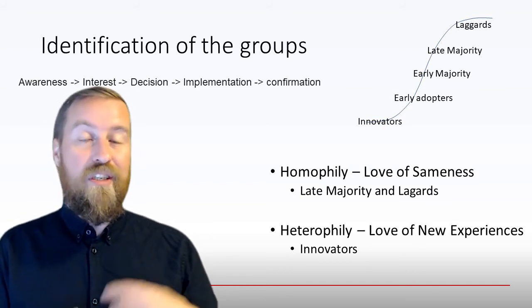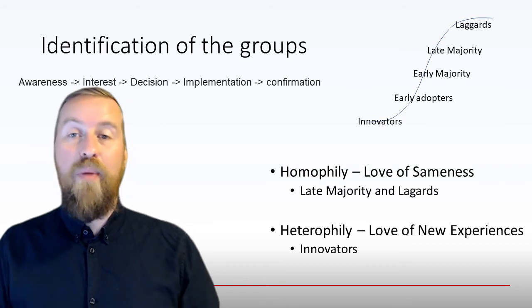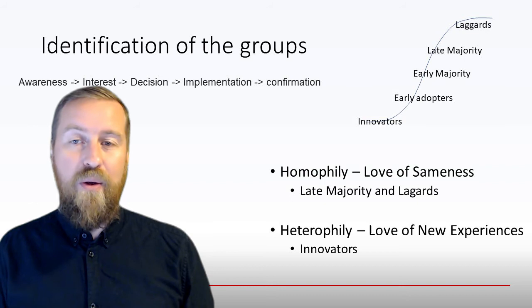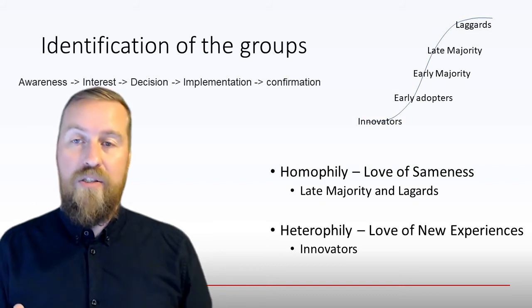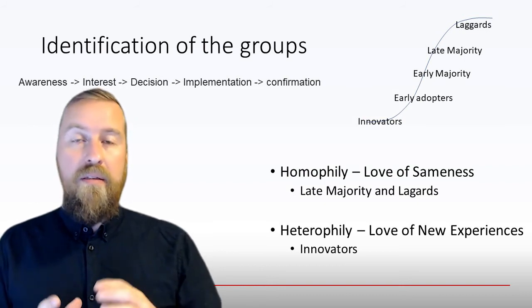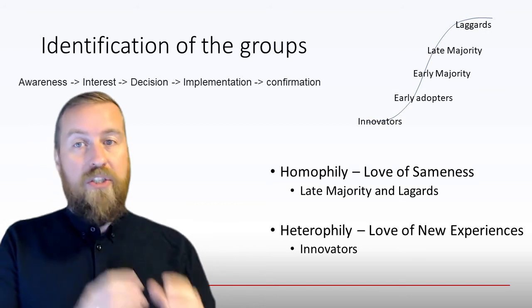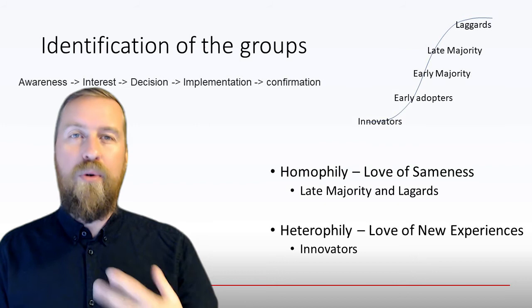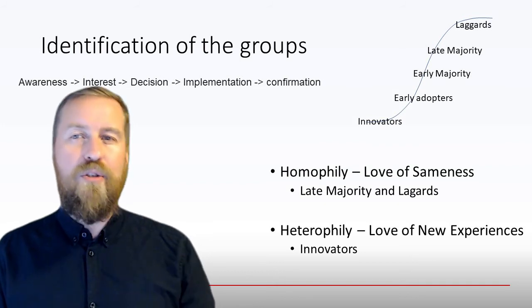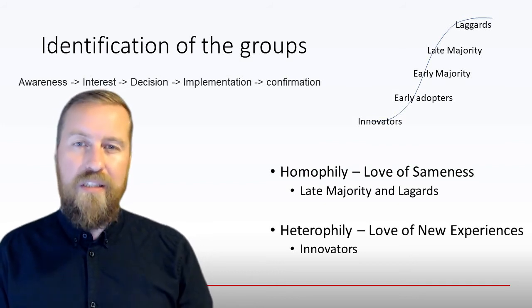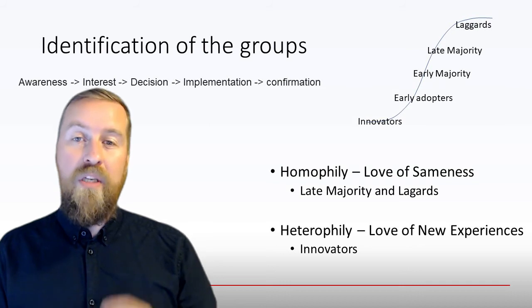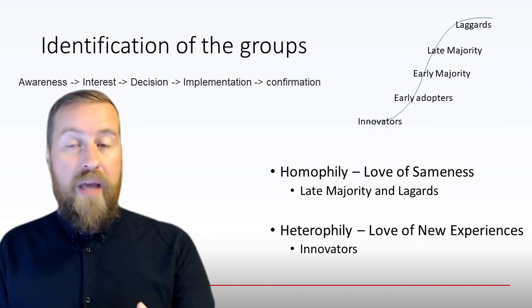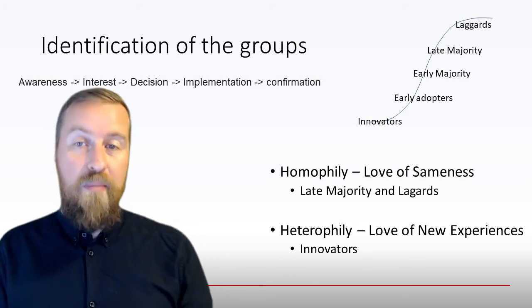The decision is then taken, I implement, I use it, and then I talk about it in my confirmation and I describe it. This is happening at each of the levels, both the innovator, early adopter, early majority, late majority, and the laggards. All of these go through the same process, but the awareness comes from the group before.